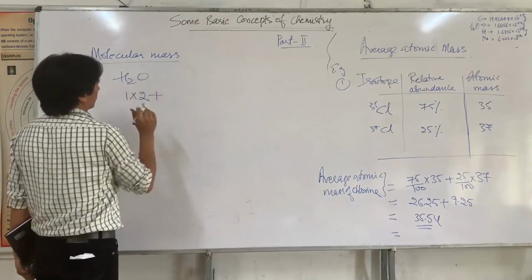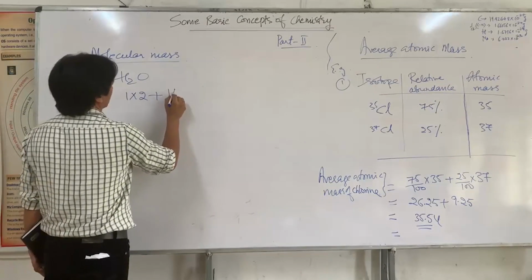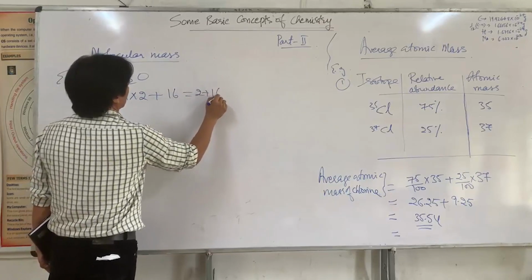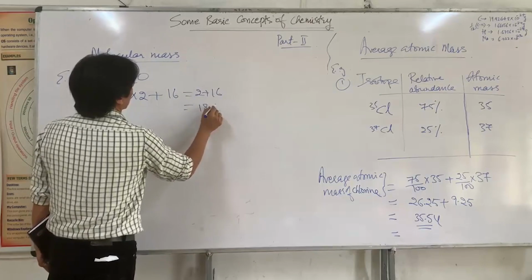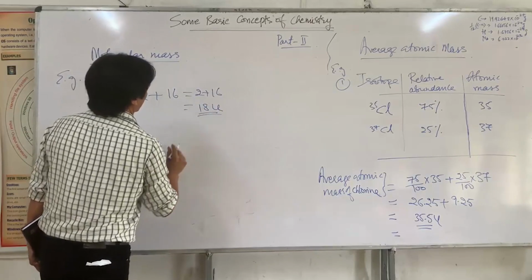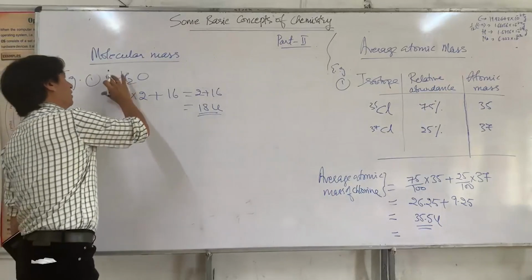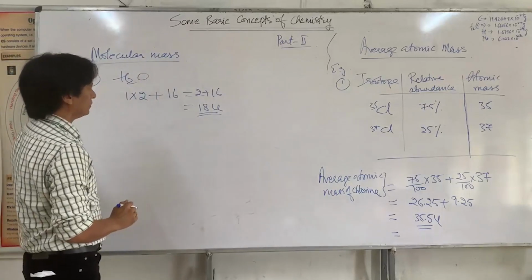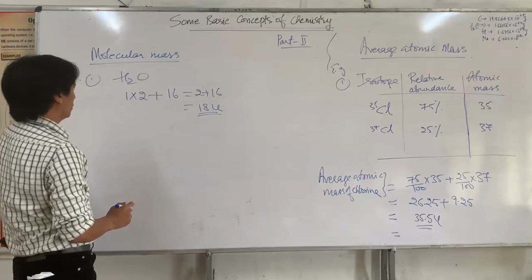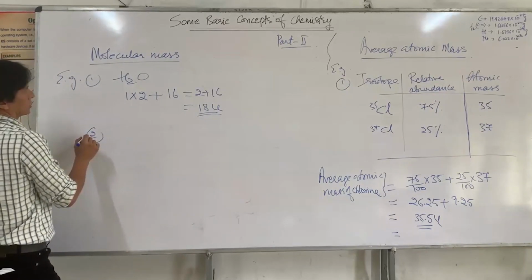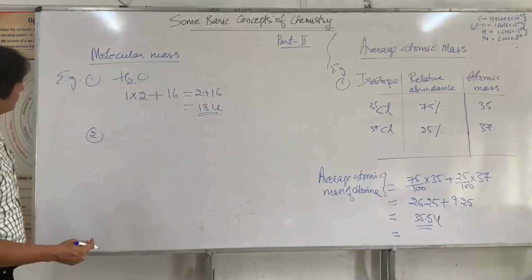An atom of oxygen has a mass of 16. The sum of these is 2 plus 16, which is equal to 18. You write u here, this is the unified mass. So this is the molecular mass of a molecule of water, H2O.